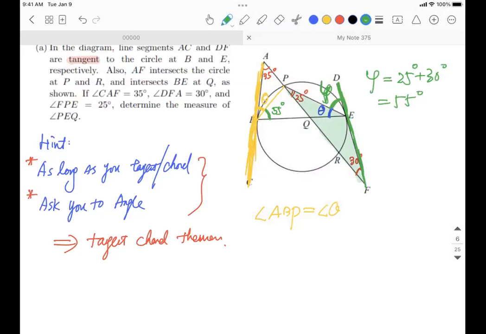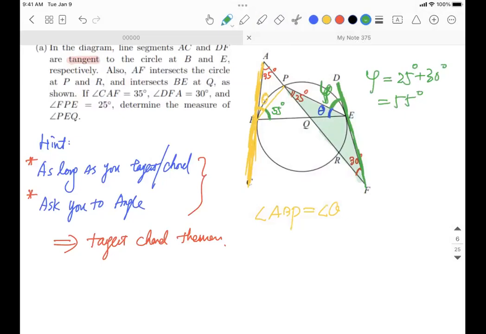How can I find my one equation? If I find one triangle, this triangle has three angles. Adding them together, it's going to be 180 degrees. That's basically what we're going to do.